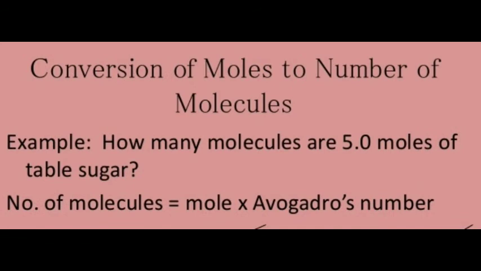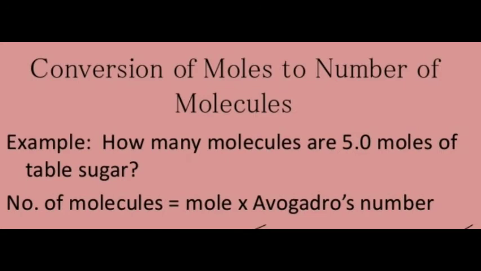Similarly, if we have to calculate the number of molecules and the number of moles is given, the same formula will be used. Number of molecules equals number of moles multiplied by Avogadro's number. Whether number of atoms, molecules or particles is asked, the formula remains the same.